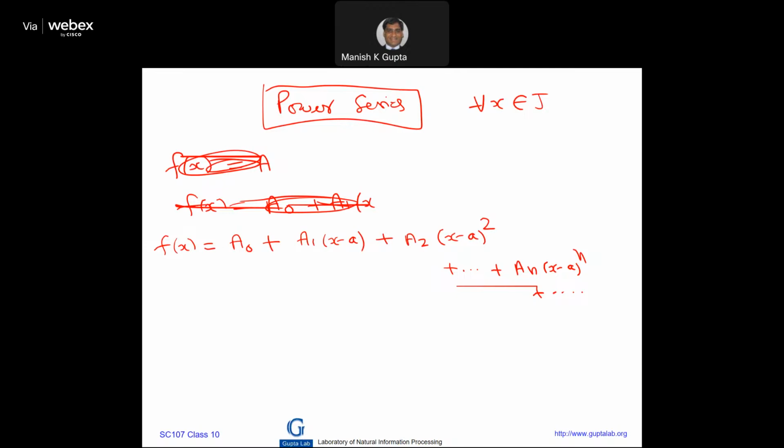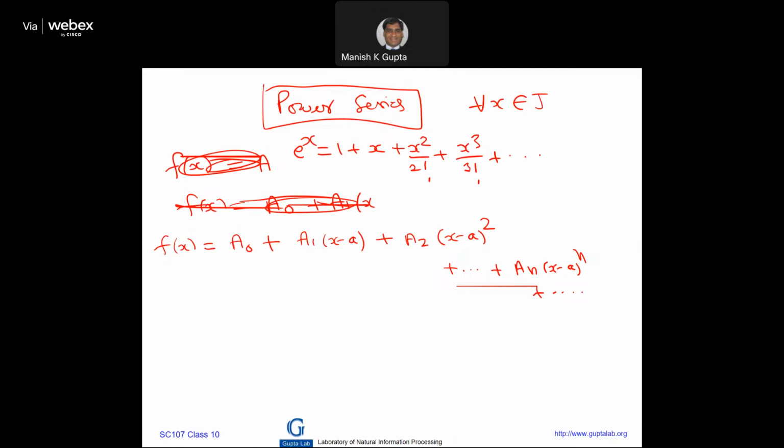In general, I can write it down that way and you will find it much more natural. We know that e raised to the power x is nothing but 1 plus x plus x squared by factorial 2 plus x cubed by factorial 3 and so on. So this is the series for e raised to the power x.